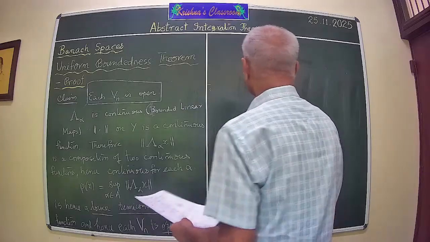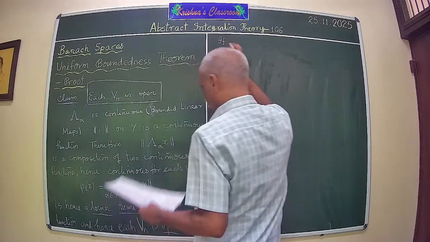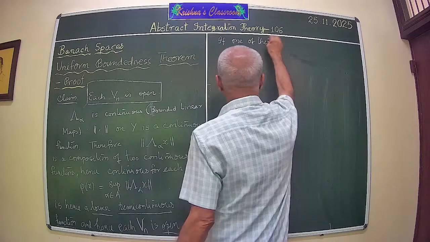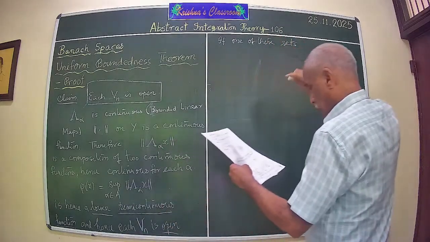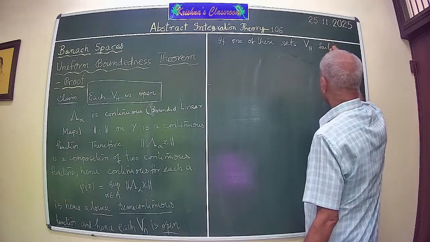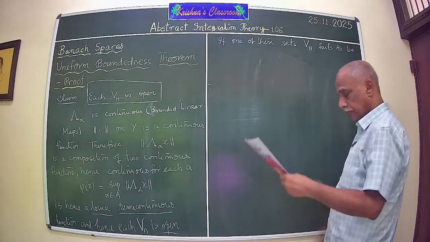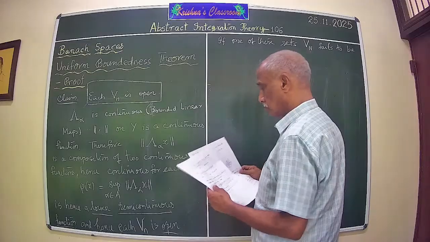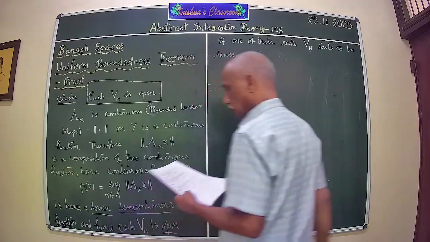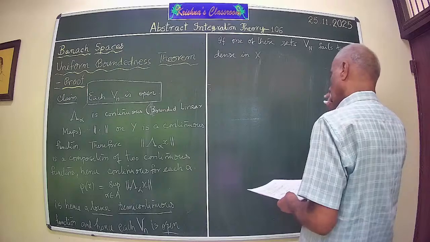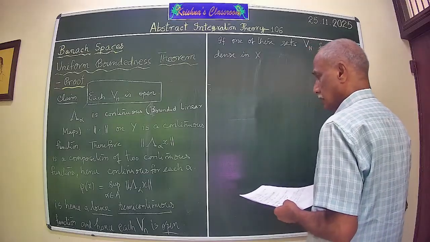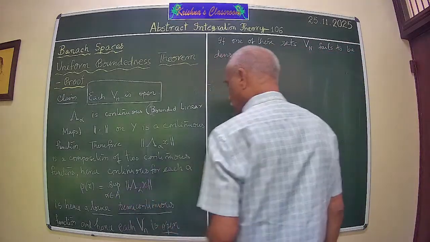Now we look at the possibility that one of these sets Vn fails to be dense in X. So just look at what happens in the first example that we have looked at, because what you have is lambda alpha.